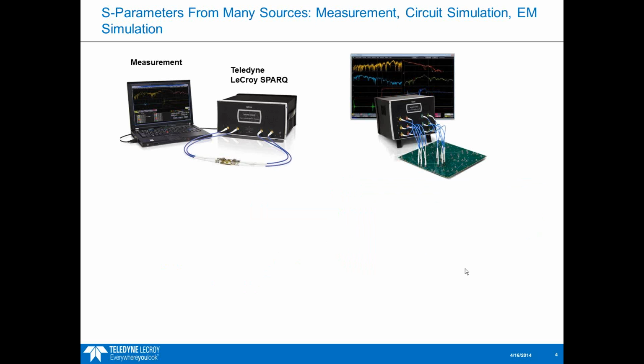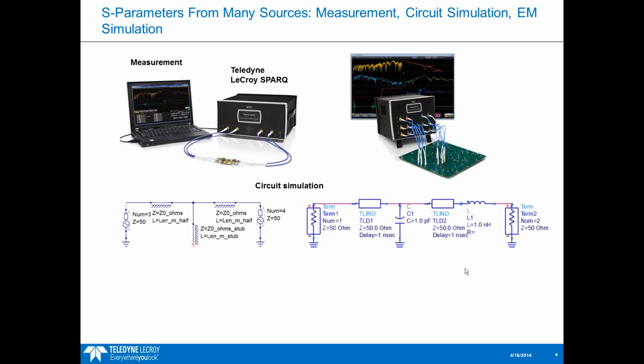We can get S parameters from a variety of sources. I'm showing here the Teledyne LeCroy Spark network analyzer. This will measure S parameters from DC to 40 gigahertz, with anywhere from 2 or 4 ports up to 12 ports. You can also simulate S parameters.